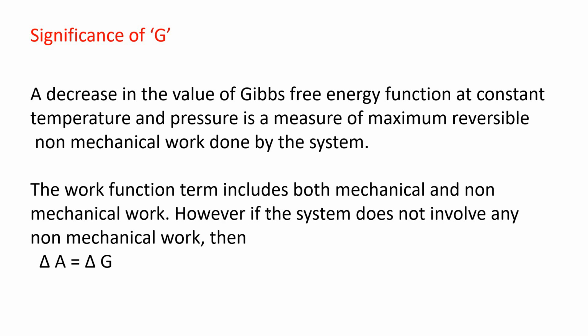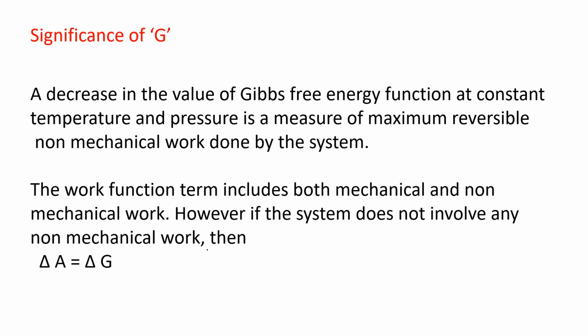And the work function, that means Helmholtz free energy function, includes both mechanical and non-mechanical work. Okay? But Gibbs free energy gives the value of only non-mechanical work done. However, if the system does not involve any non-mechanical work, then the change of this work function will be equal to the change of the Gibbs free energy function.